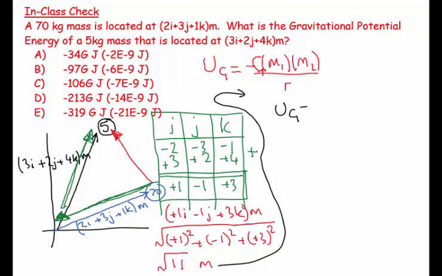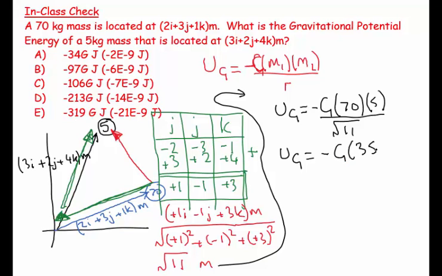G, of course, has to be in there. UG is equal to minus G, 70 times 5 over the square root of 11. So UG is equal to minus G, 350 over the square root of 11.